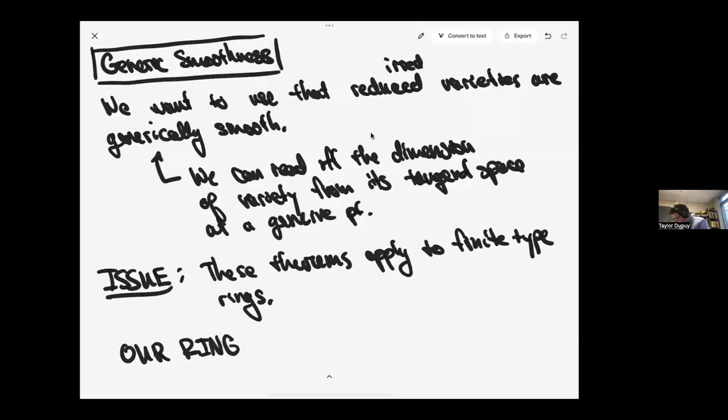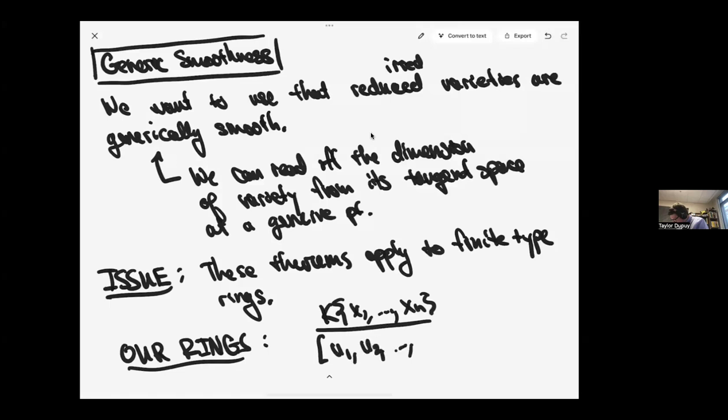Our rings look like K, X1, Xn, mod this graph here. This is infinitely generated, and this is infinitely generated. So we don't get to use generic smoothness for these differential varieties, these schemes that we're cooking up, where we're taking an infinite number of indeterminates and modding out by ideals.